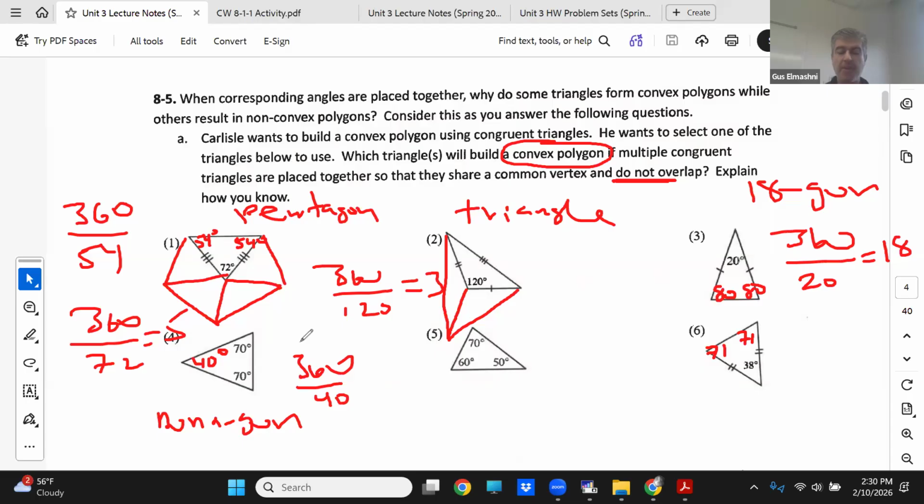Yeah, so you can get that happening with 5, but it won't be convex though, because not all the angles are the same. But yes, that could work. That would be a hexagon. But it won't be convex, it'd be concave, because you need to have all the base angles be the same.